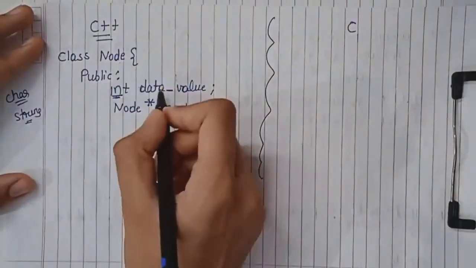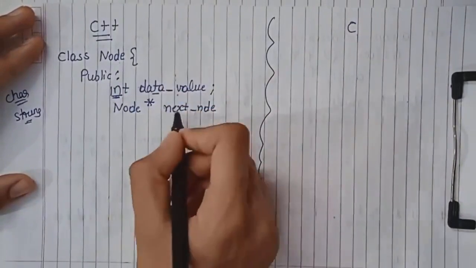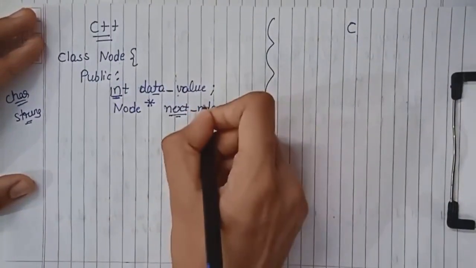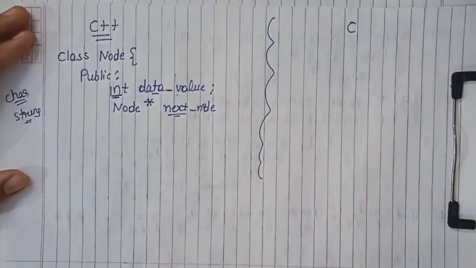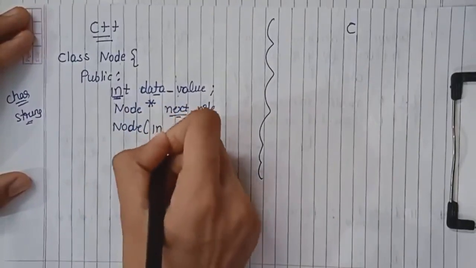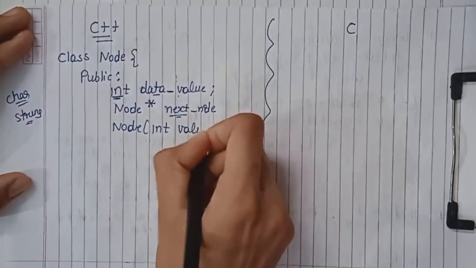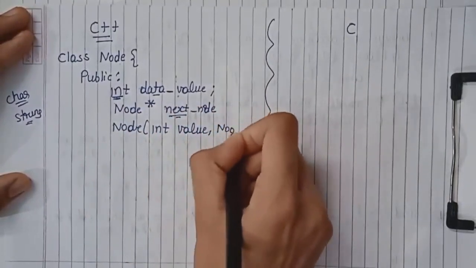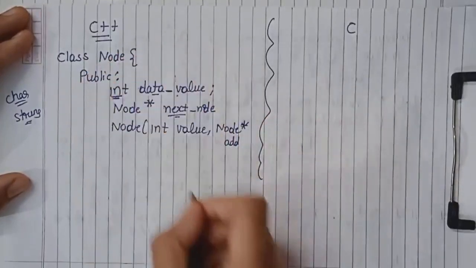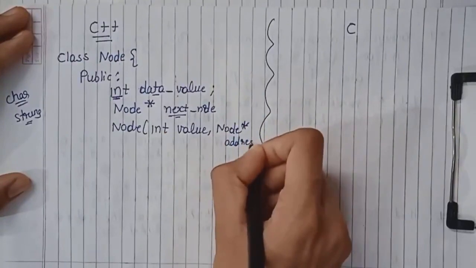So in the node I have the data value, and there is a pointer which stores the address of the next node. Now I will write a constructor which will take an int value and a node star address. Let me first mention the code, then we will focus on understanding it.